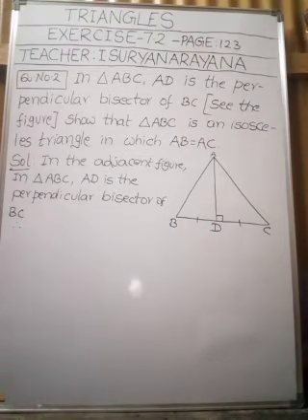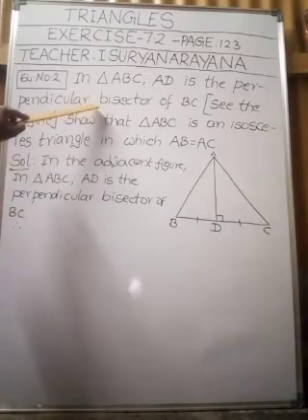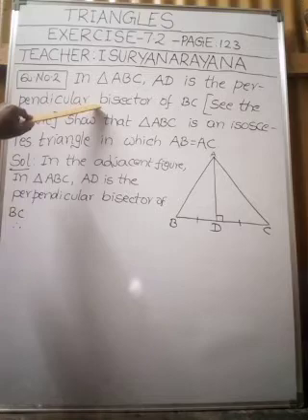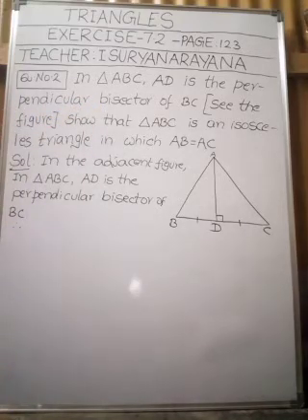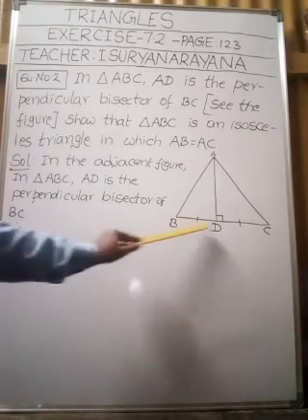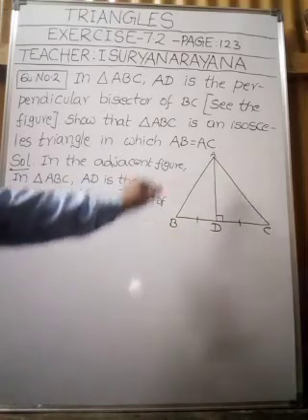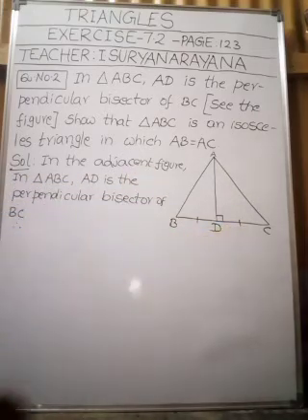Have you brought the knowledge of perpendicular bisector of a line segment? What is meant by perpendicular bisector of a line segment? A line which bisects, means it divides the line segment into two equal parts, and that line is perpendicular to the line.